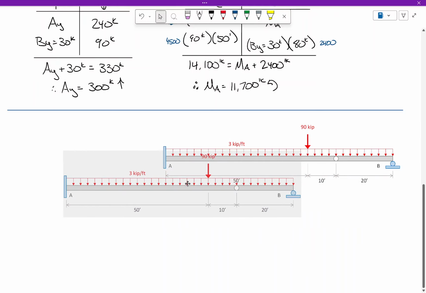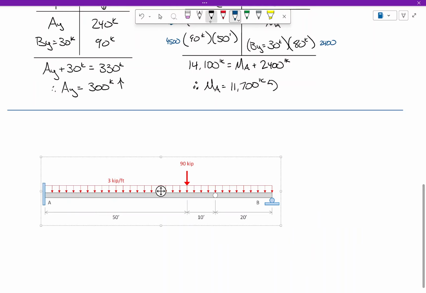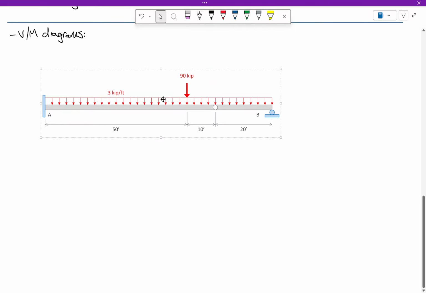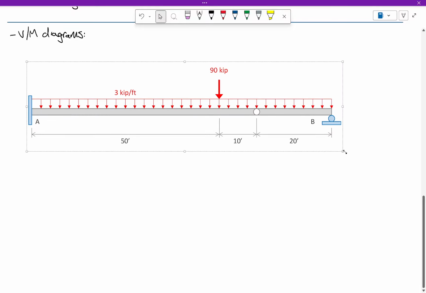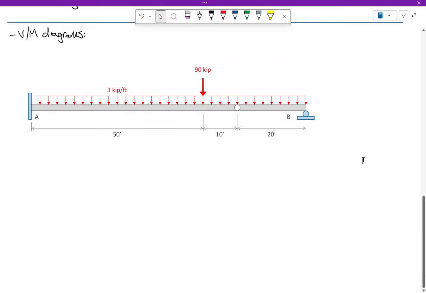Okay. Now, let's look at our shear and moment diagrams. Like I said, I'm cheating a little bit because I have the beam up here. What I'm going to do is copy down the reactions.